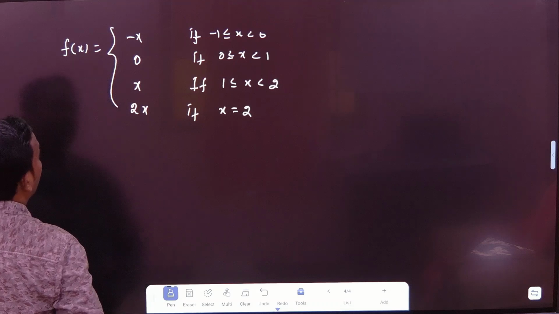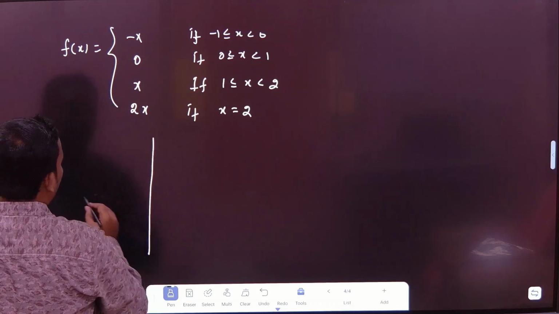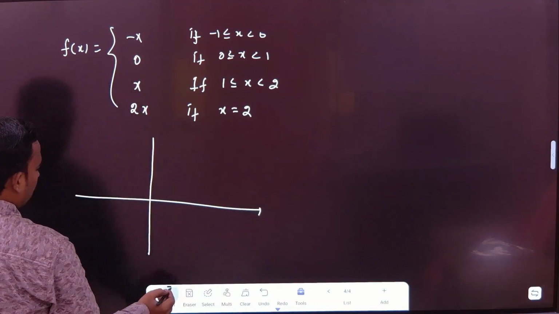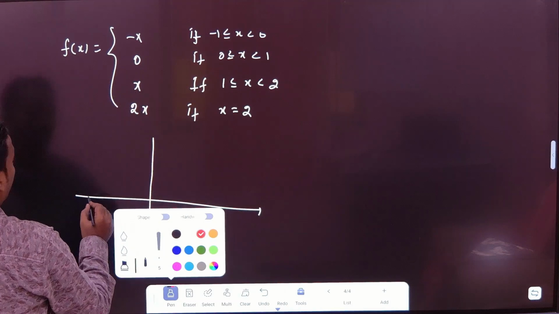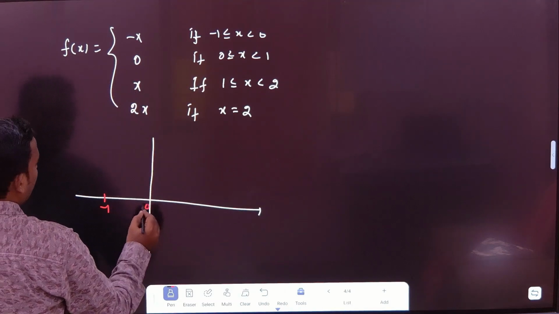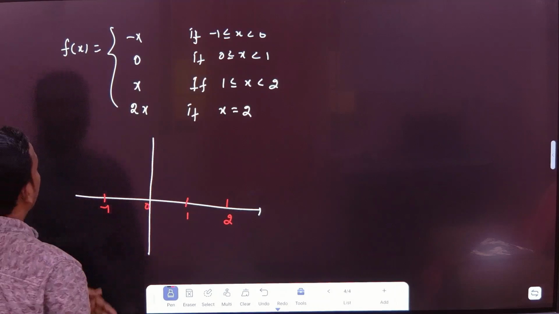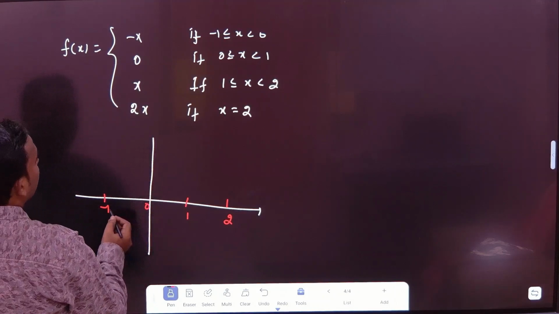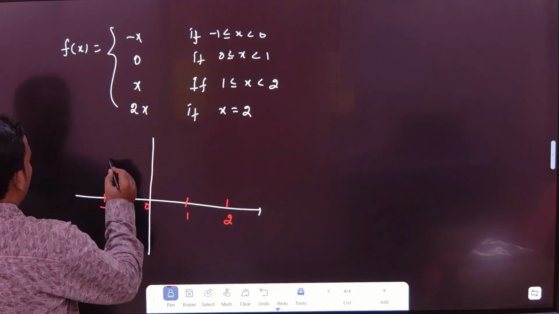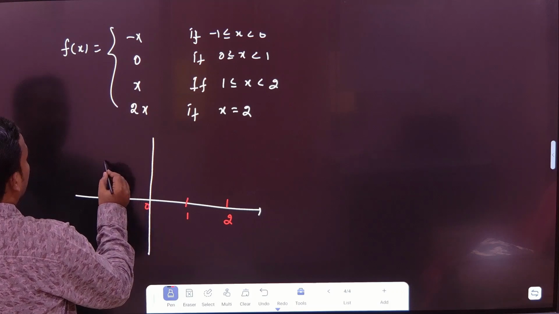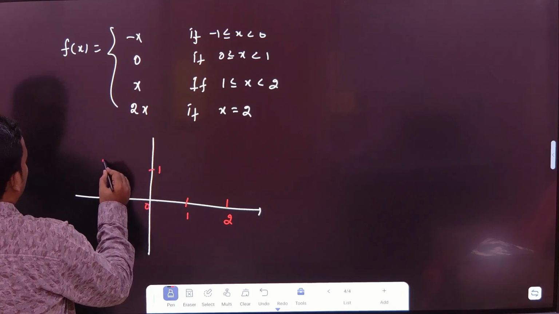Now how to draw the graph? You can see, students. Let me start with minus 1 here, 0, plus 1 and 2 here. Okay, fine. So when you take minus 1 to 0, y is equal to minus x. If you put minus 1, you will get plus 1, right?